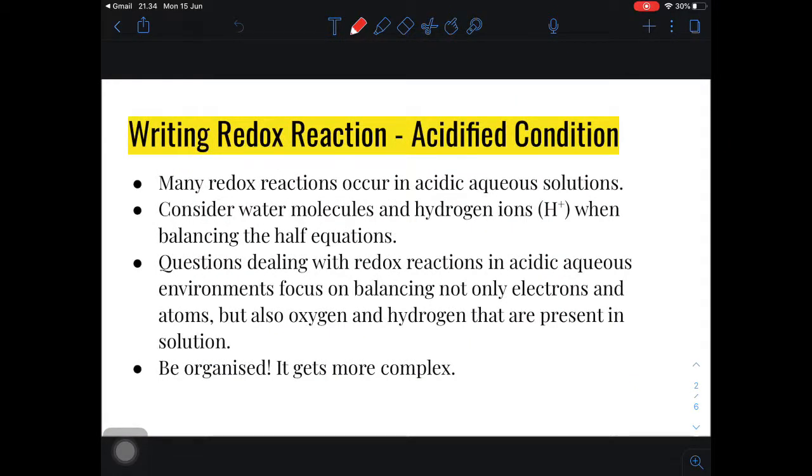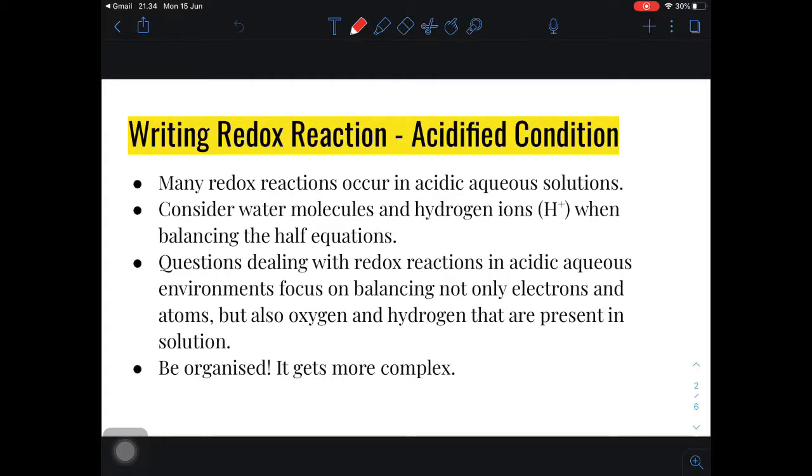So far we have only discussed about the rather simple redox reaction. Now we will be taking a deeper look for the more complex one, which is usually performed in acidified condition.